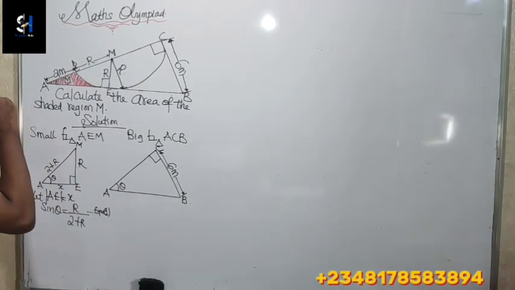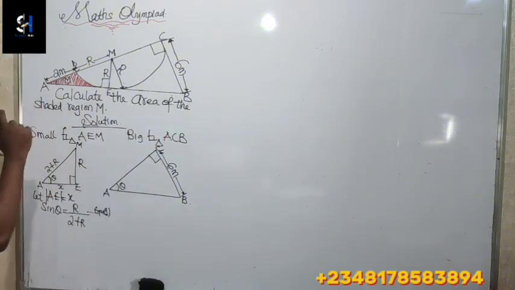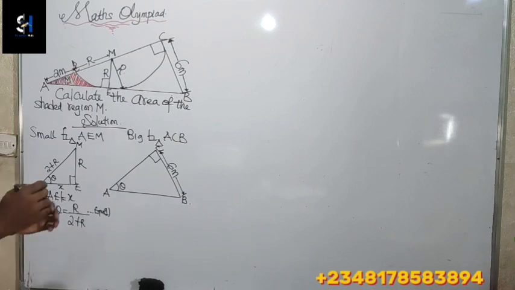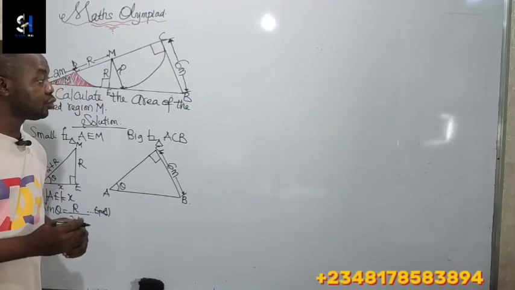So if we consider using sine theta, because these two triangles are similar, we again consider the length of side EB. Now to find the length of side EB, we're going to apply one of the theorems in circle theorem.